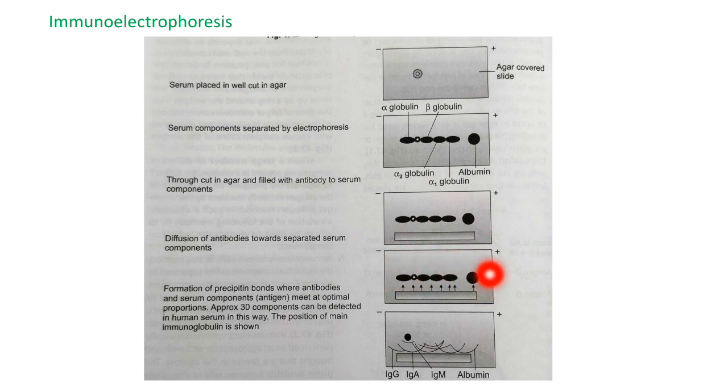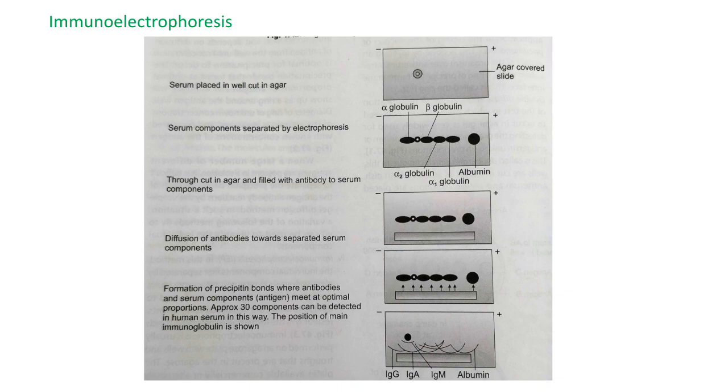These are the antigens or proteins which are separated in the agarose. The antibodies diffuse towards the antigens, and there is formation of precipitation bands where antibodies and serum components meet at optimal proportions, which form a lattice.